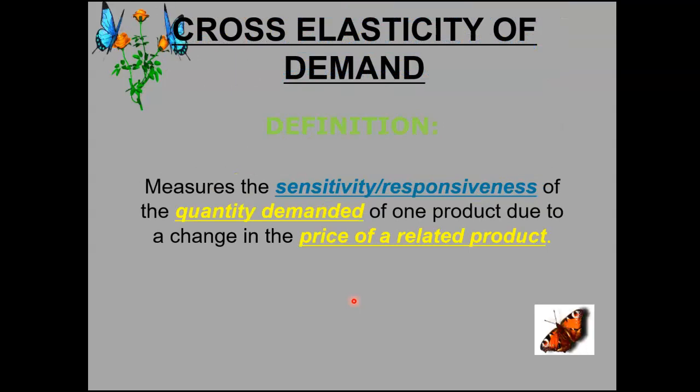Cuma yang ini ada quantity barang A, kemudiannya price barang B. So kita still measure the sensitivity or responsiveness of the quantity demanded of one product, contohnya product A, due to a change in the price of good B. Dua barang yang berbeza, kita akan kira cross elasticity because we want to determine the type of relationship between the two goods.